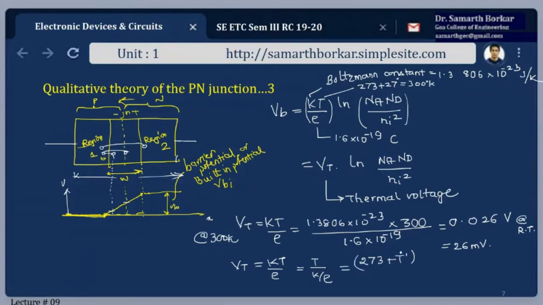If it is room temperature, we take this as 27. You have the value of k here, the Boltzmann constant, and here is the value of e. So this becomes (273 plus T prime) by 11,600. So just substitute the value of T prime. This is about the barrier potential.